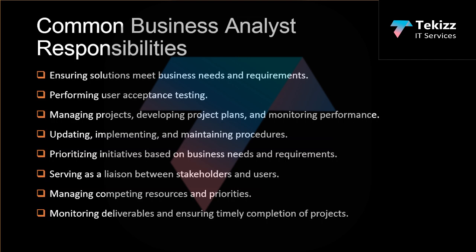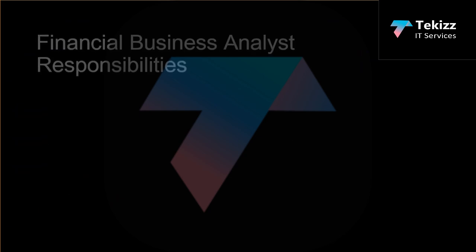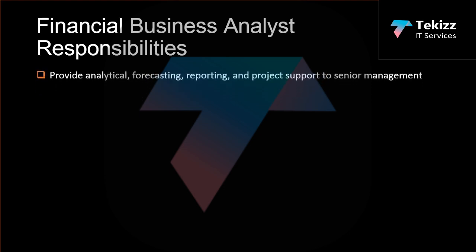if we talk about some domain specific business analyst responsibilities, here we have covered a few of them, like financial business analyst responsibility. Their responsibility includes providing analytical, forecasting, reporting, and project support to the senior management.